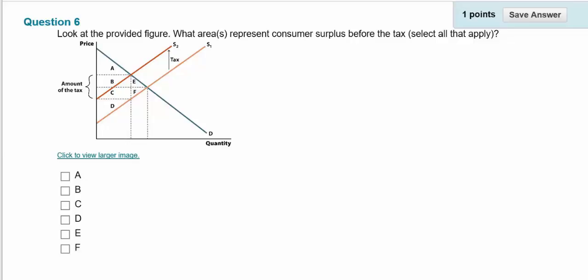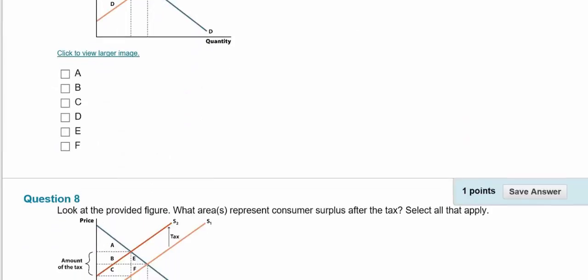All right, so if you look at our demand curve, you have points all along the demand curve above the equilibrium price where consumers that are willing to pay more than the equilibrium price are represented. So the idea of consumer surplus is that it is the area of this graph that is above the equilibrium price but below the demand curve.